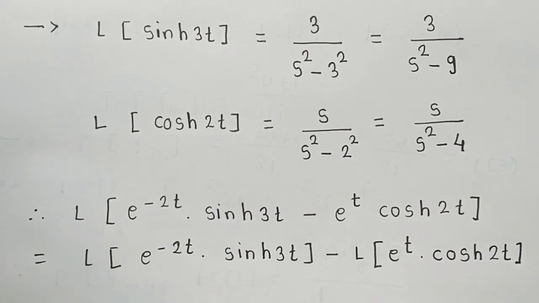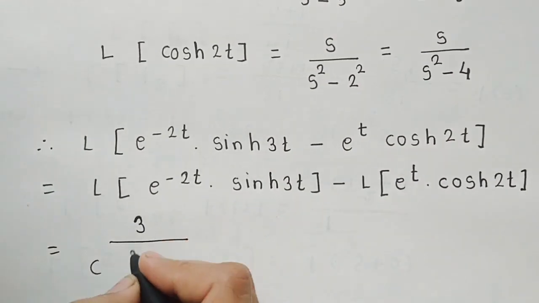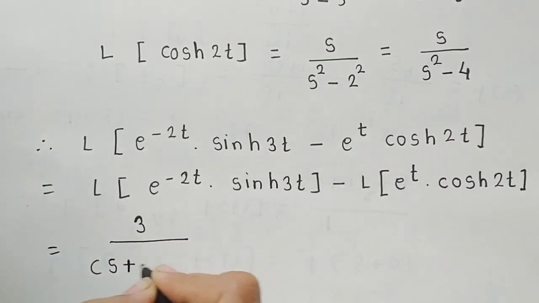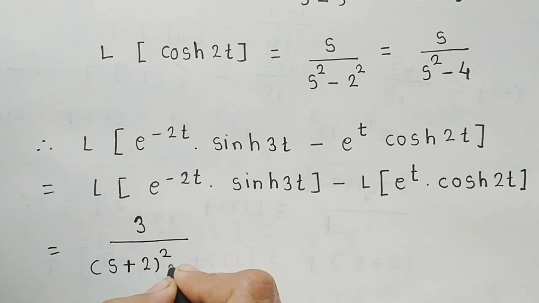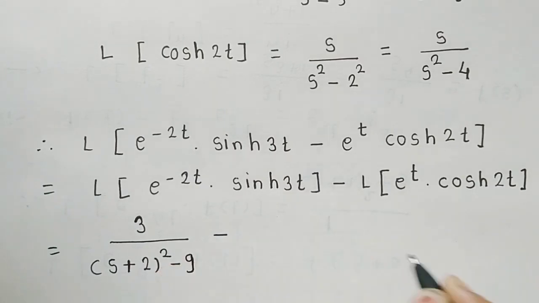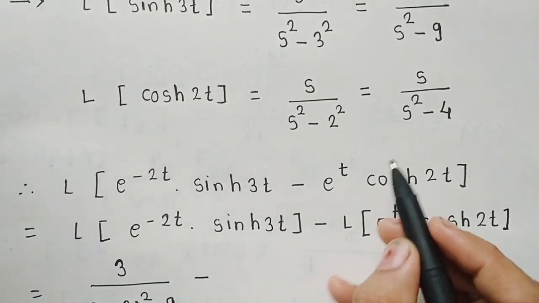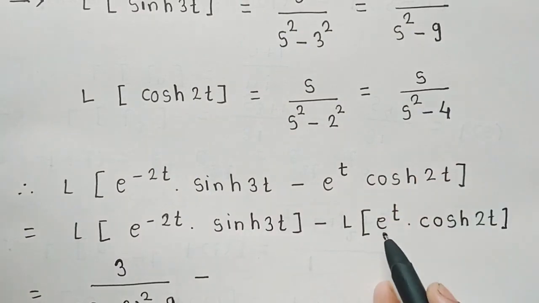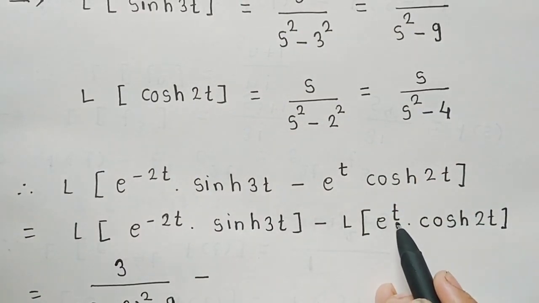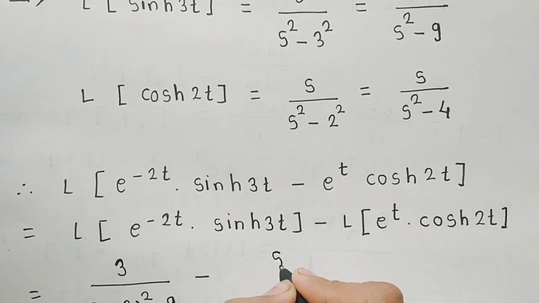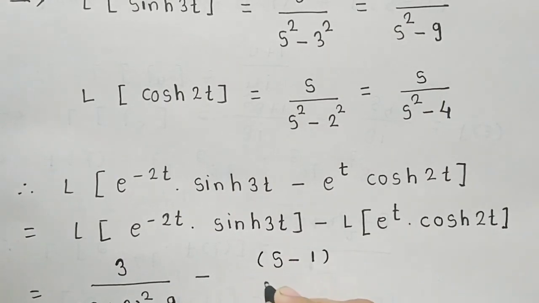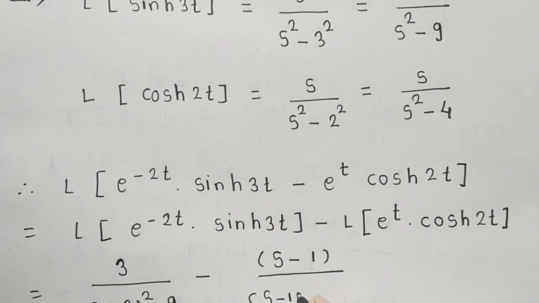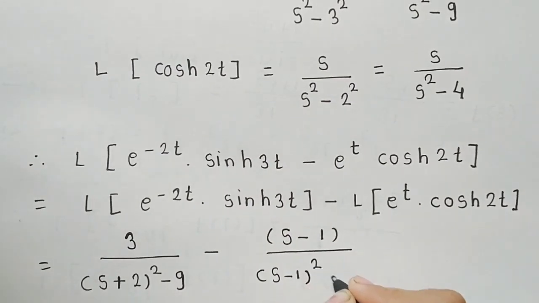So our answer is 3 upon s plus 2 square minus 9 minus, now for this s is replaced by s minus 1, so s minus 1 upon s minus 1 square minus 4.